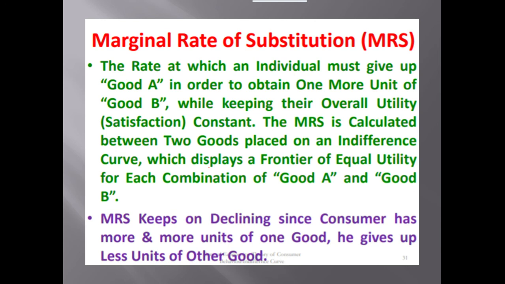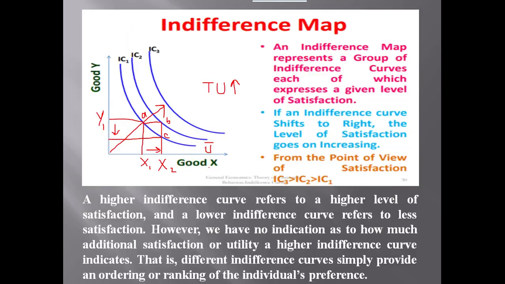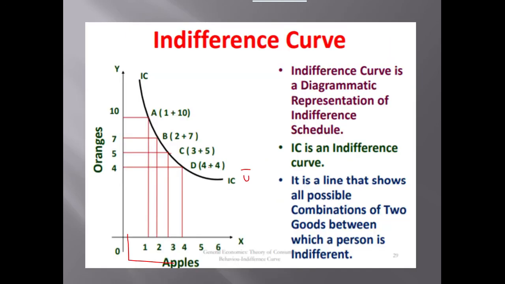MRS is calculated between two goods placed on an indifference curve, which displays a frontier of equal utility for each combination of good A and good B. MRS keeps on declining: since the consumer has more and more units of one good, he gives up fewer and fewer units of the other good, as we have learned from this.